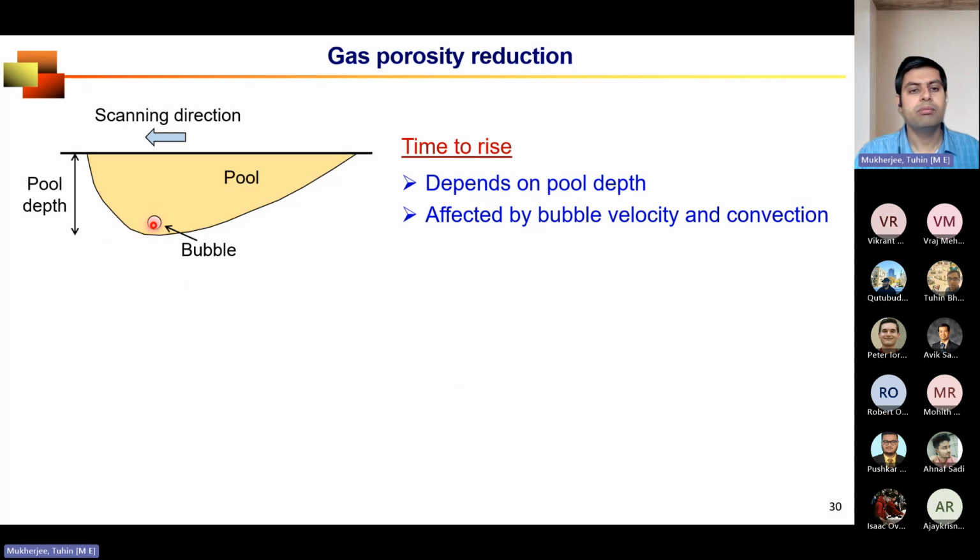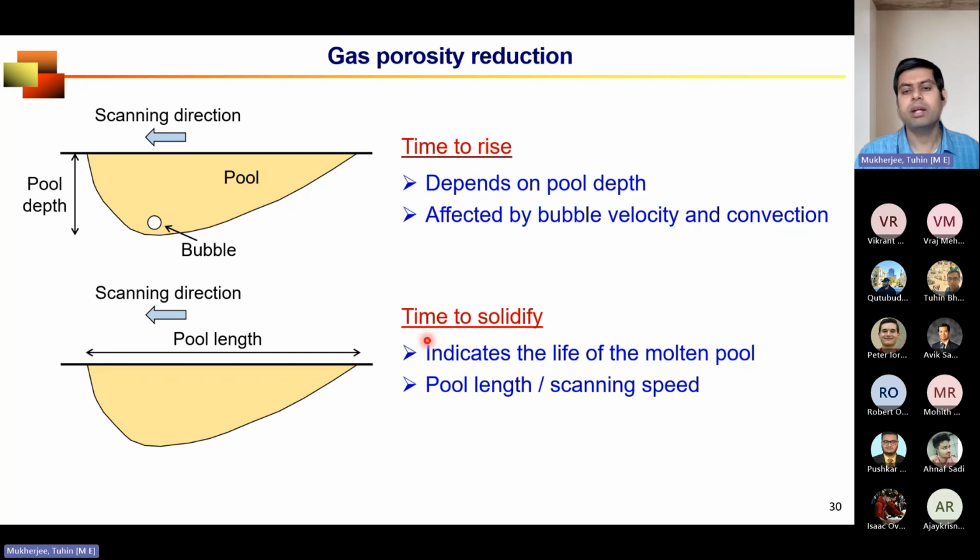The time it takes to come out of the molten pool is called time to rise, and this is defined by us for the first time. This time to rise depends on the pool dimension and is also affected by the velocity of the gas bubble and Marangoni convection. That means the fluid flow inside the molten pool.